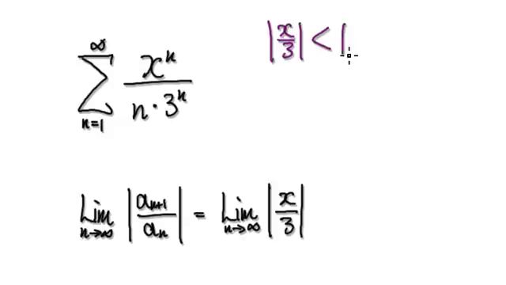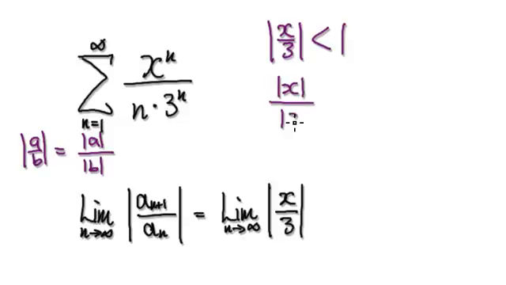That's the same as, remember, if you have the absolute value of A over B, that's the same as the absolute value of A divided by the absolute value of B. So that's the same as |x| over |3| being less than 1. The absolute value of the positive number 3 is always positive, so we don't really need the absolute value there.